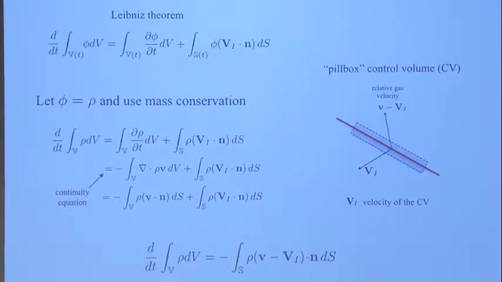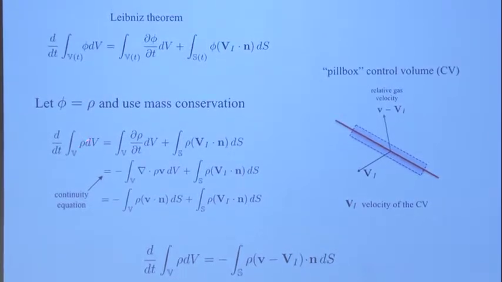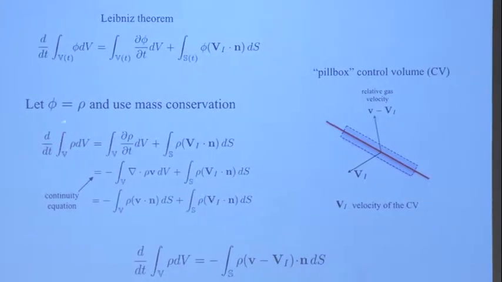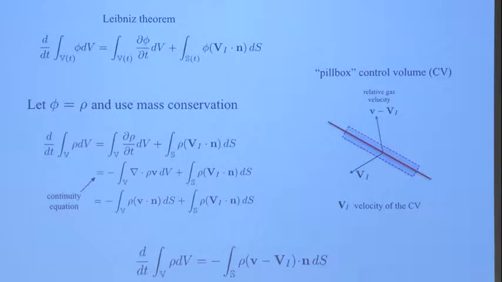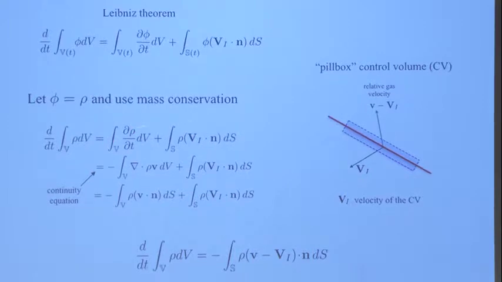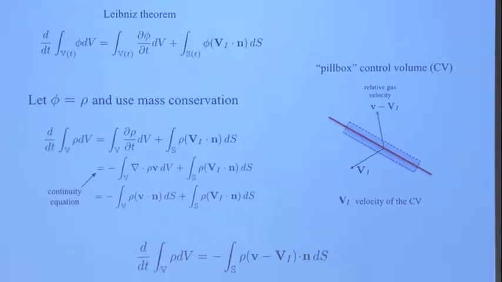So the quantity is rho, the density. So d by dt of the mass inside that volume, right? So by Leibniz rule, it's written, or if you like, well, it's essentially the Leibniz rule that I earlier mentioned, right?